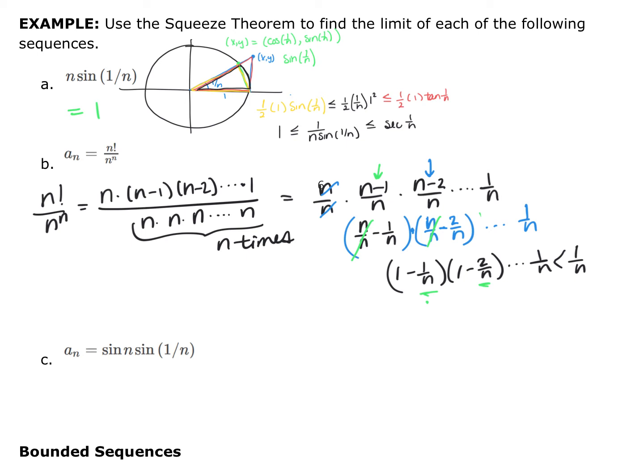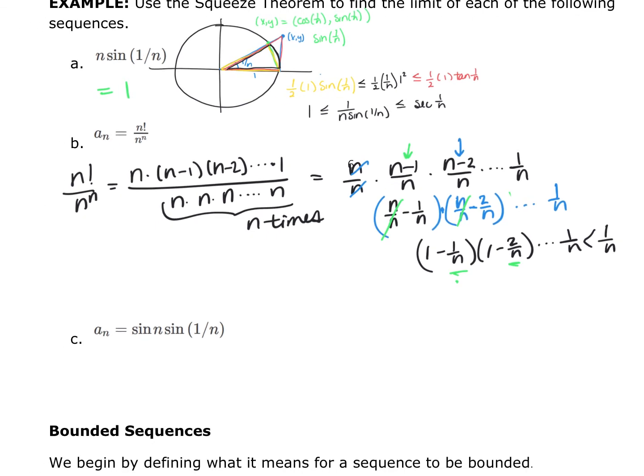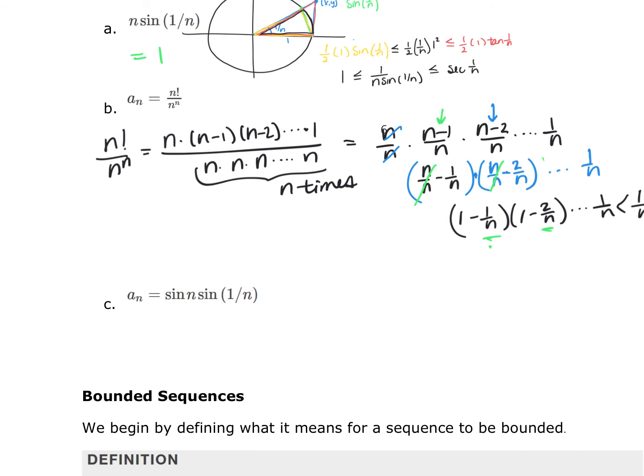That means that this has to be less than 1. But it's also greater than 0 because I have to choose n being 1, 2, 3. So n factorial over n raised to the n has to be greater than 0. Simultaneously, it has to be less than or equal to 1 over n.